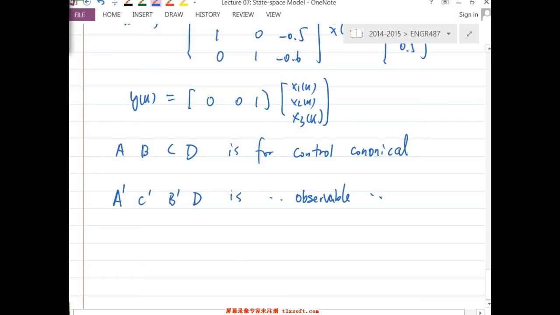For a more generic format, look at the handout that they gave you. In the handout, I actually presented two different observable canonical forms.